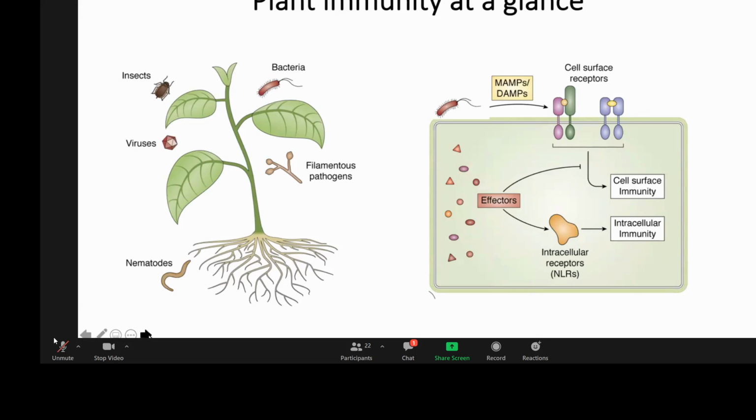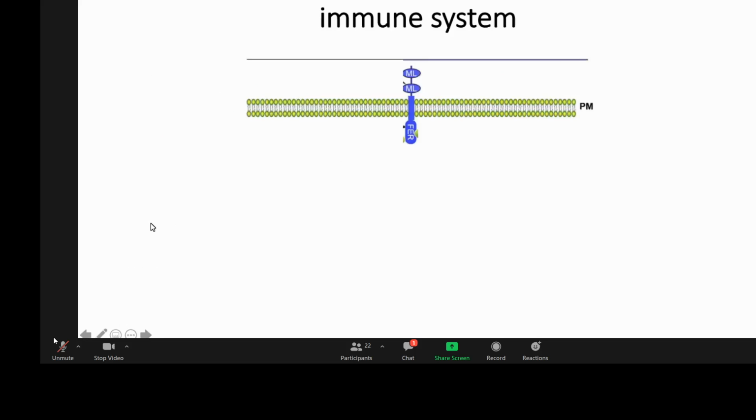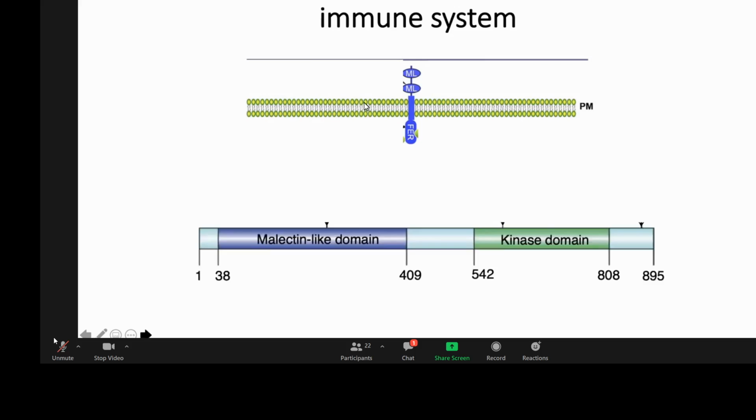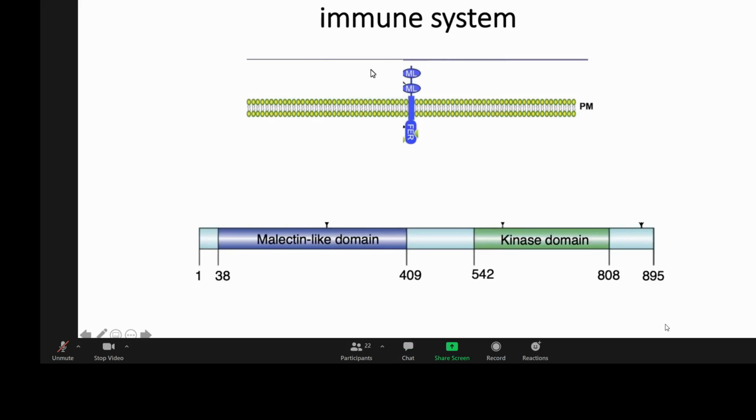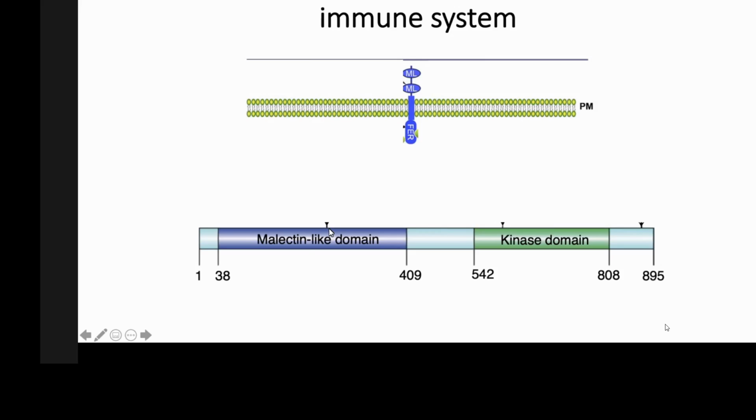And one cell surface receptor that the paper delves into and is the focus here today is FER. And FER is a receptor kinase that's an important part of the immune system. And FER has a malectin-like domain. Most of the reviews and studies that I found said that it has two domains, but for some reason the paper today only depicted it as having one domain. And then importantly, it has this kinase domain.